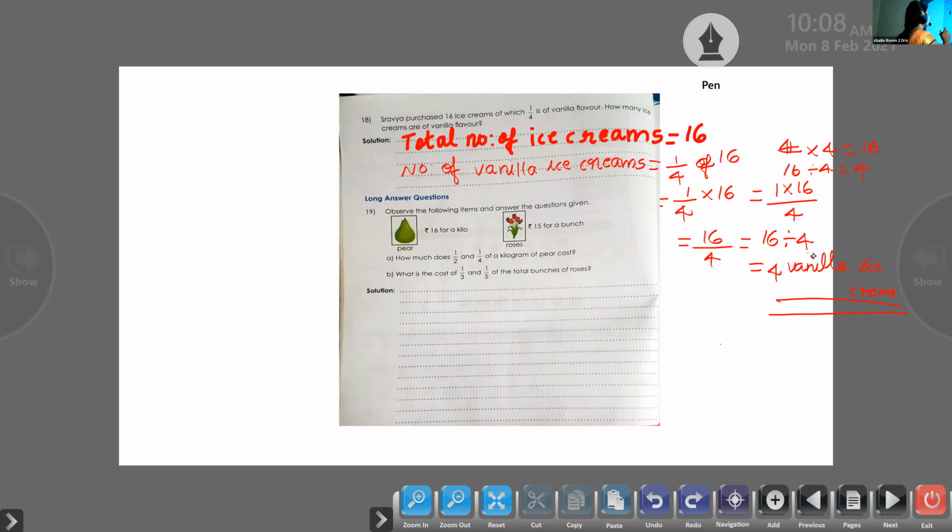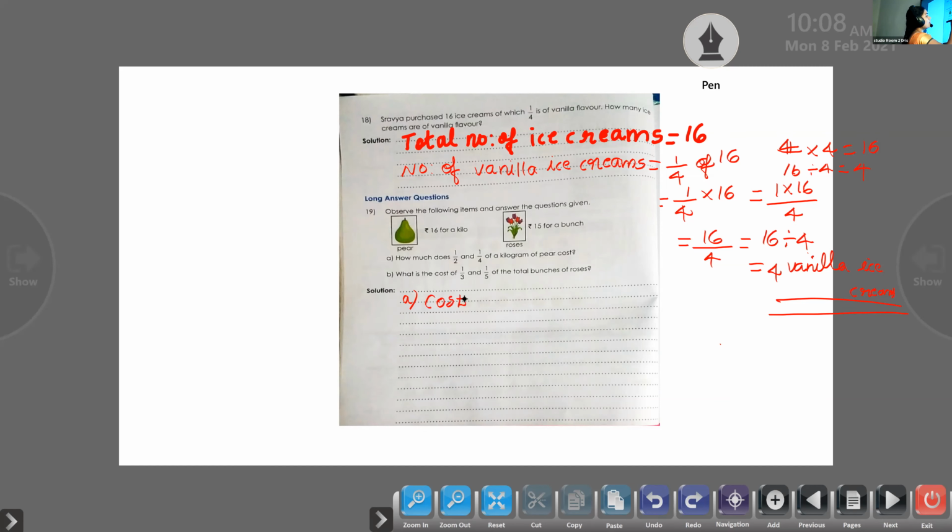What should be the first step? Not number, it is given. What is given? Cost. It is cost.